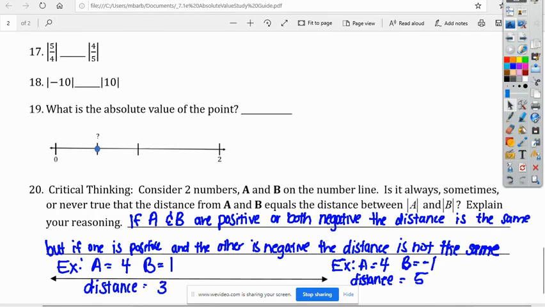For example, if A equals +4 and B equals +1, then the distance is 3. And another example, if A is +4 and B is -1, then the distance between them is 5 units. So therefore, in this case, with the negative number, it is sometimes true.